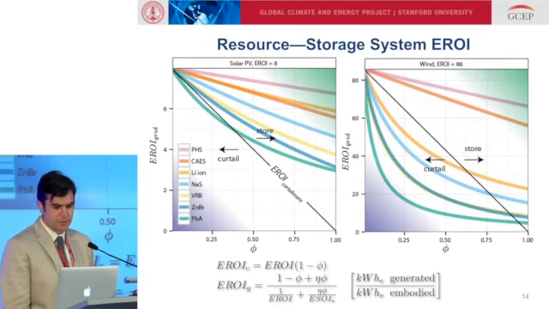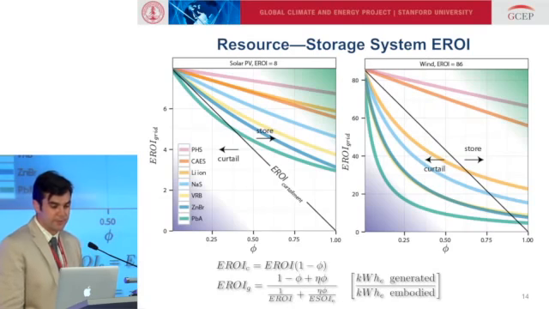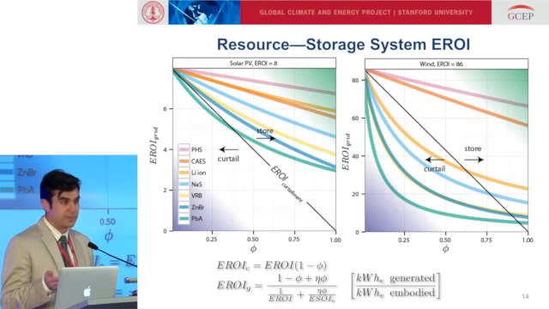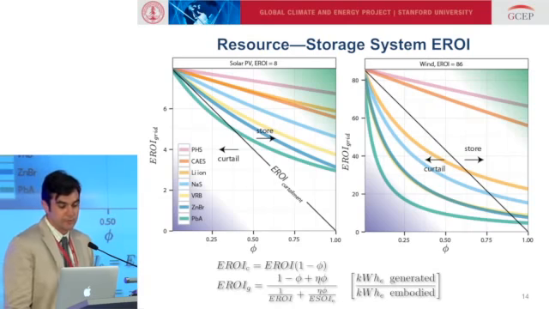The two black lines bisecting the plots are the curtailment EROI. Now that's a little bit easier to understand, so I'll discuss it first. If none of the resource is curtailed, then the EROI is the original resource EROI. So if phi equals 0, then the EROI is 8 for solar, for example. And if all of it is curtailed, then the EROI is reduced to 0.